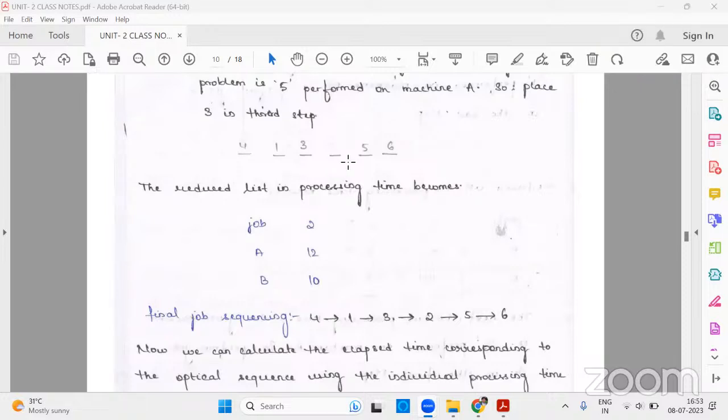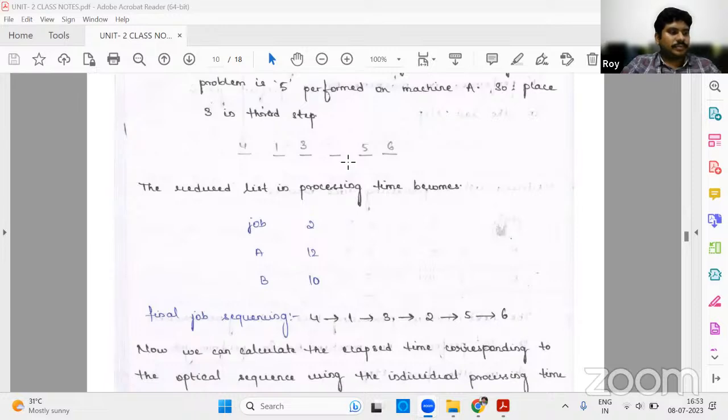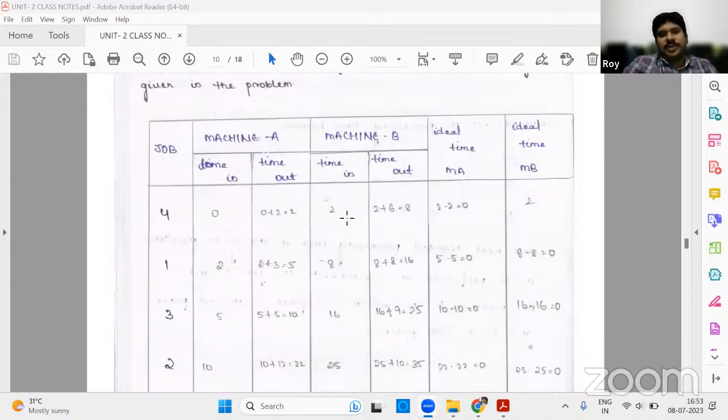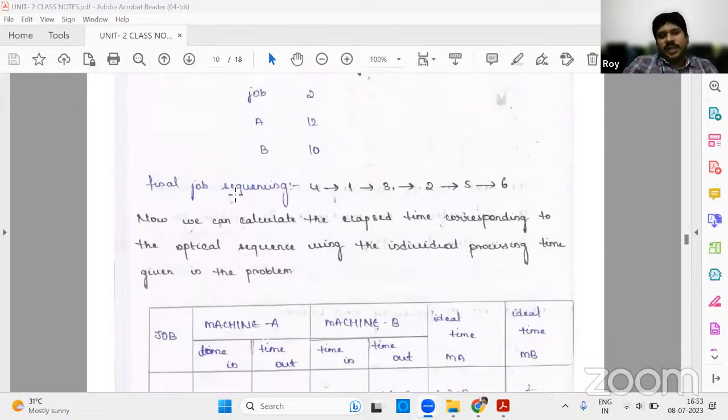Yes, sir. Wonderful. After you get this sequence, now this is a very important task. Please listen to this carefully. Actually, the question is incomplete there. You need to find out 3 things. If you are taking a screenshot and copying, write those 3 questions.